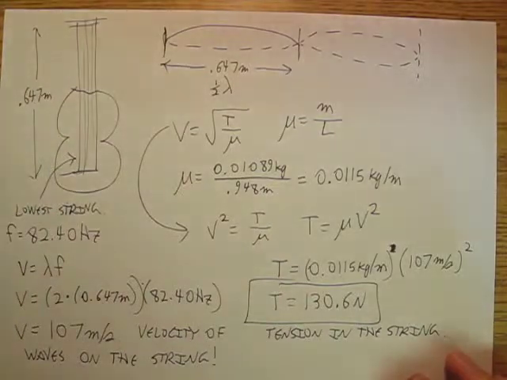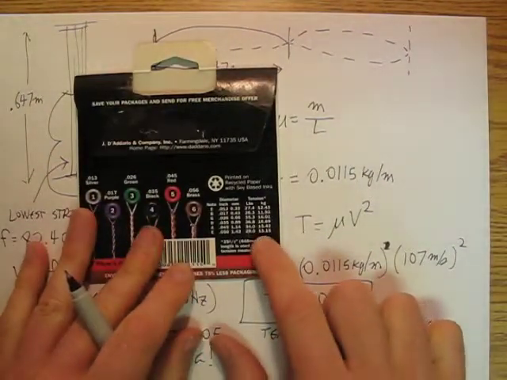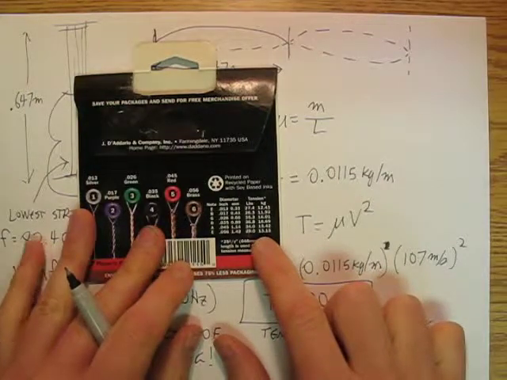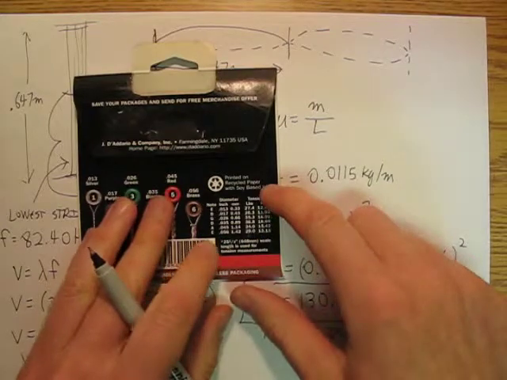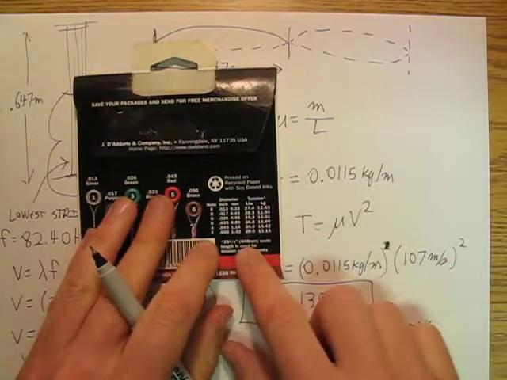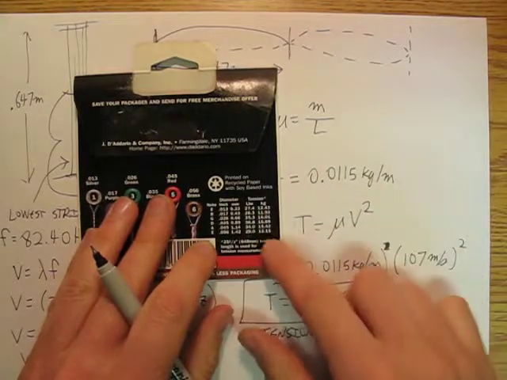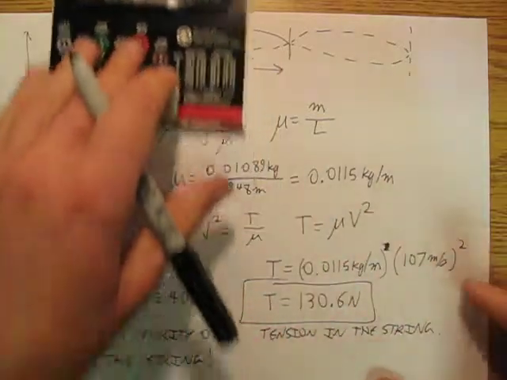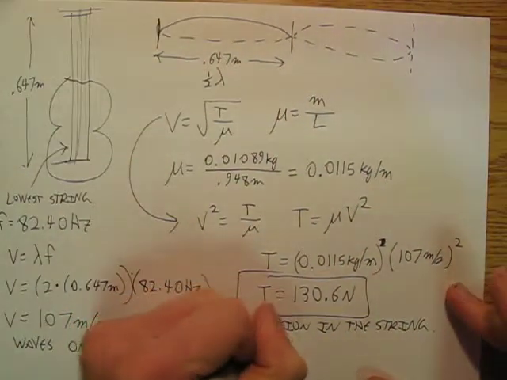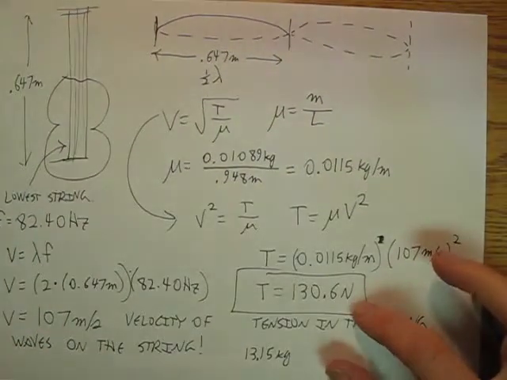Now, if I look at a packet of, oh, there's no way you're going to be able to see this on YouTube. But if I look at a packet of strings, it says right down here that the tension for a 648 millimeter scale should be 13.15 kilograms. But of course, I'm working in newtons.